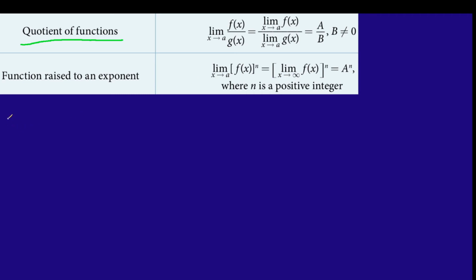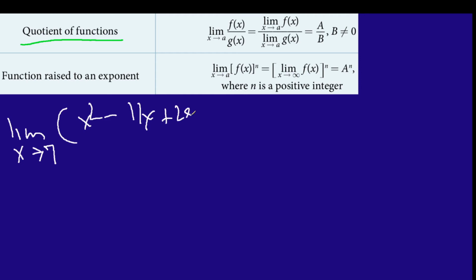So we have here the limit of x approaching 7 of x squared minus 11x plus 28, all that over x minus 7.